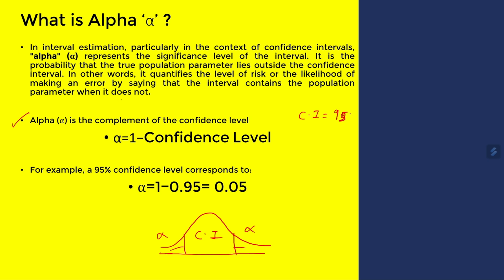How will we calculate alpha? We subtract this CI from 1. We do 1 minus 95% and we get 5% as our alpha.